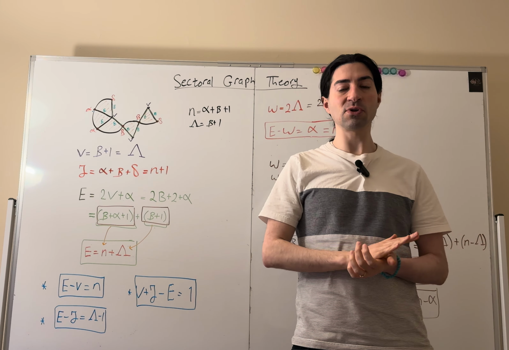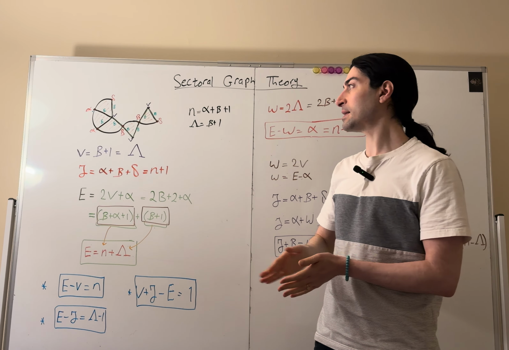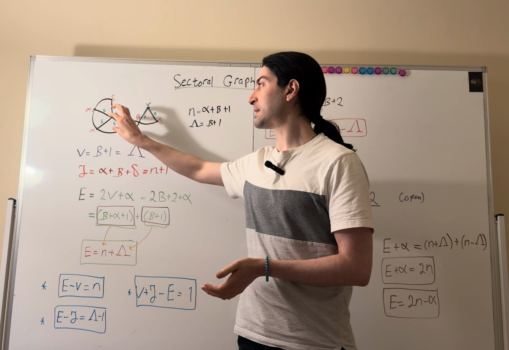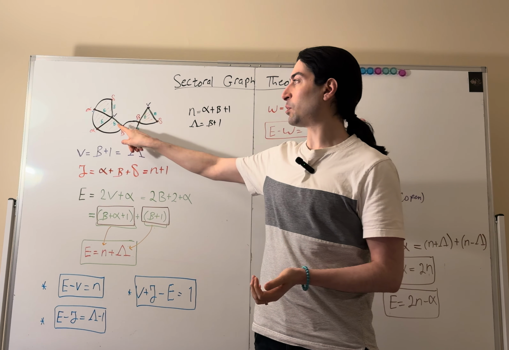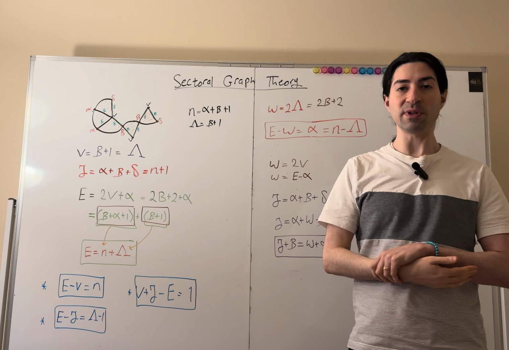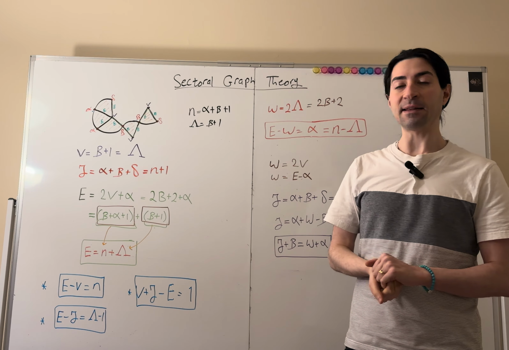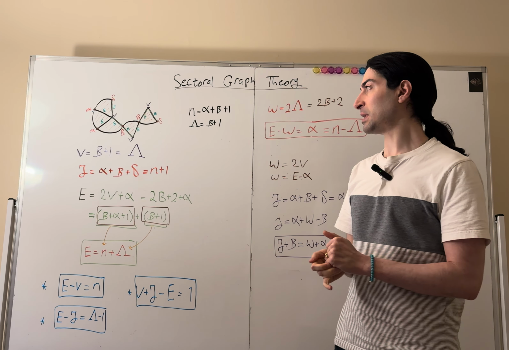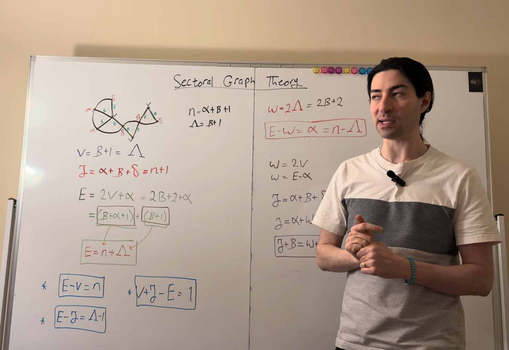Again, we also saw that the order of a sectoral structure is equal to the number of distinct parts that it has. In this case, for example, it has 3 parts. So the order, or lambda, is equal to 3. And another important connection is that the order is equal to the number of beta joints plus 1.